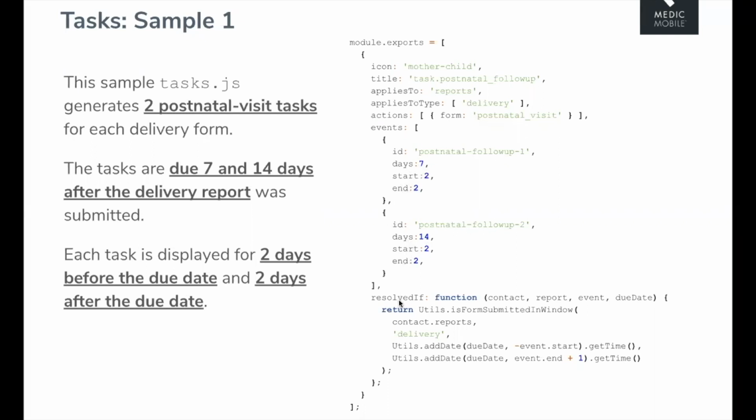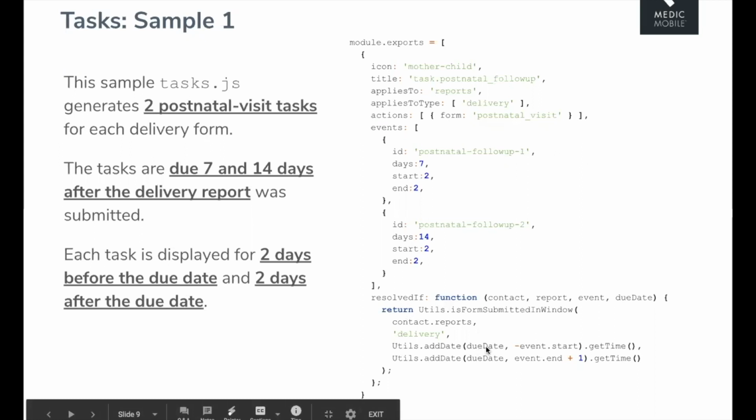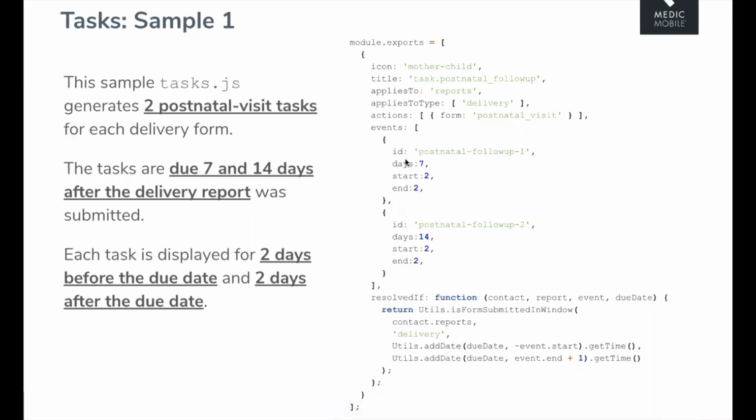Under resolved if, you will have your function, and this function checks that a delivery form is submitted within this window. And actually here I could see that perhaps the design could be a bit broken, because the aim is to have a postnatal visit form submitted for every task.